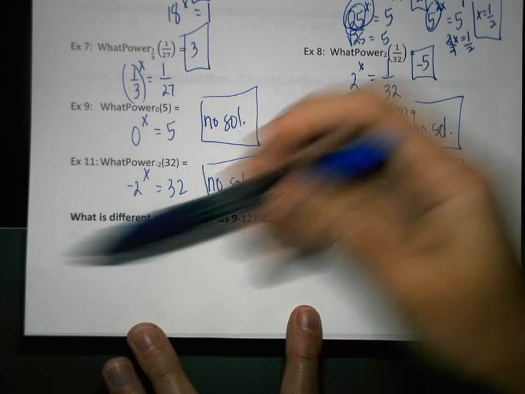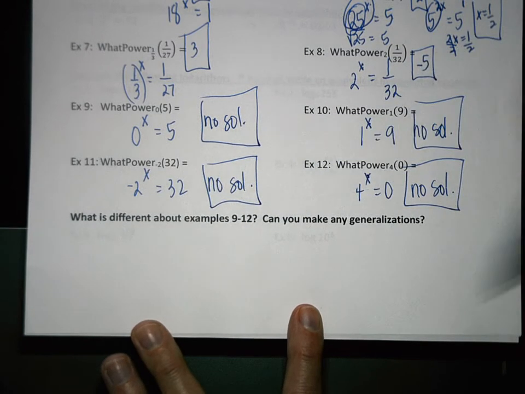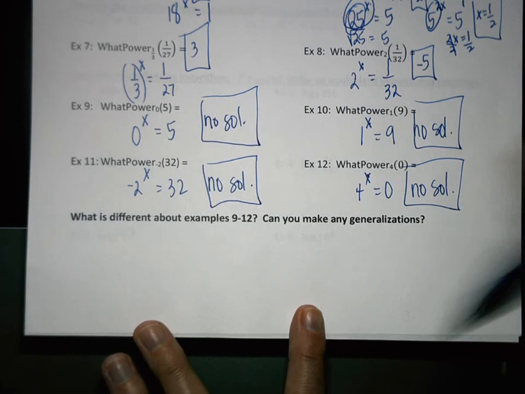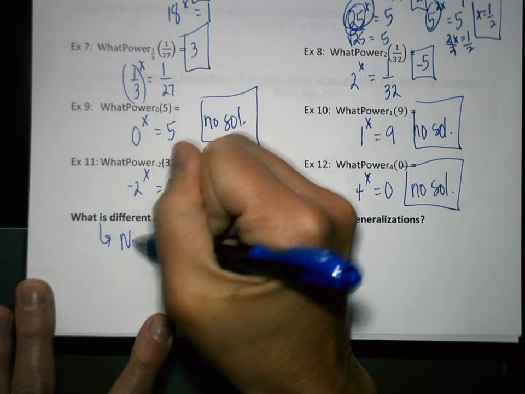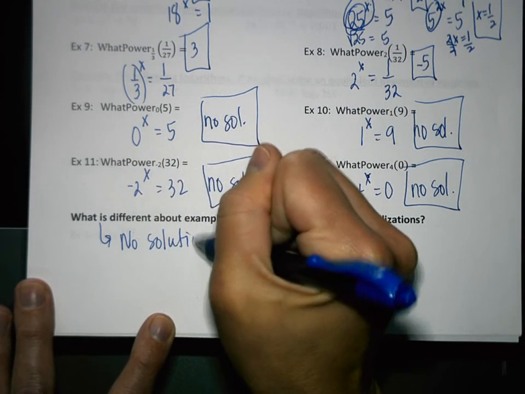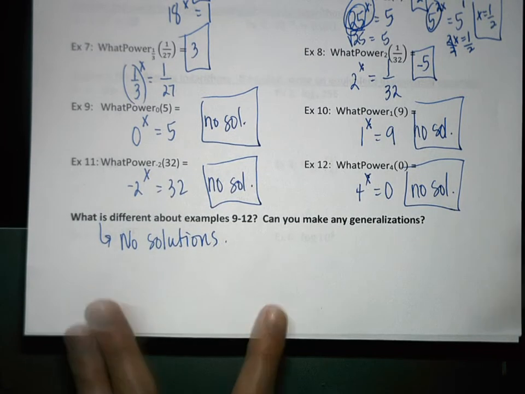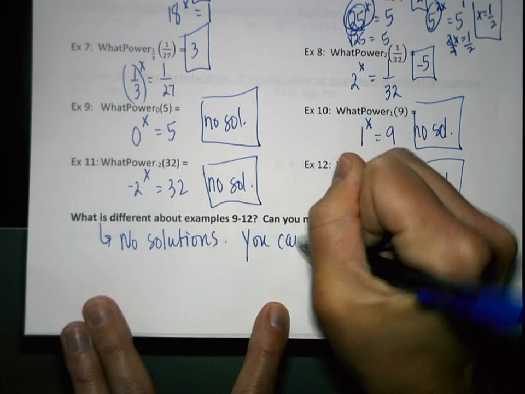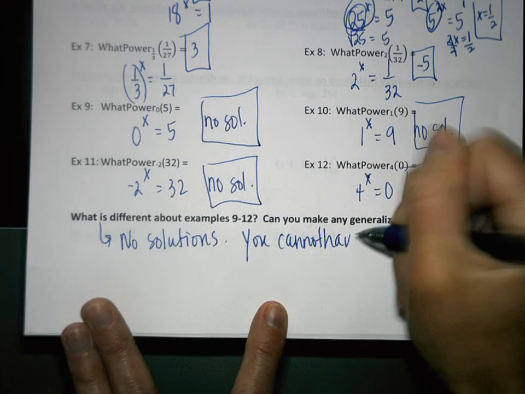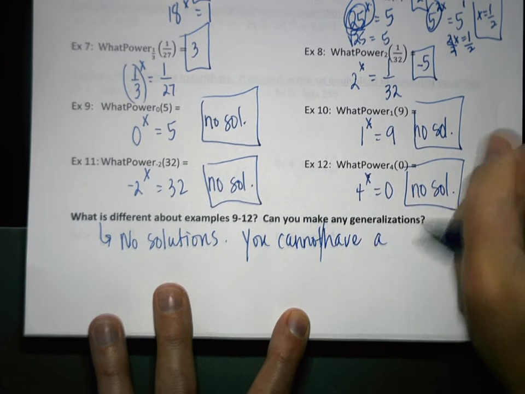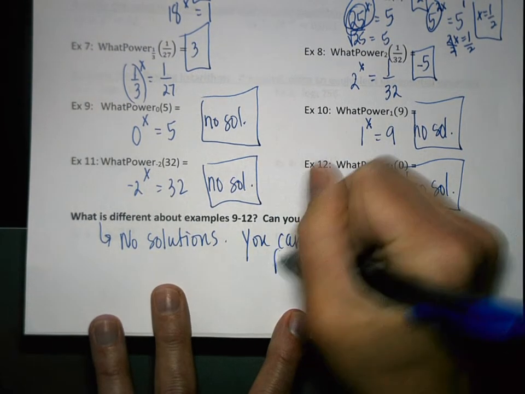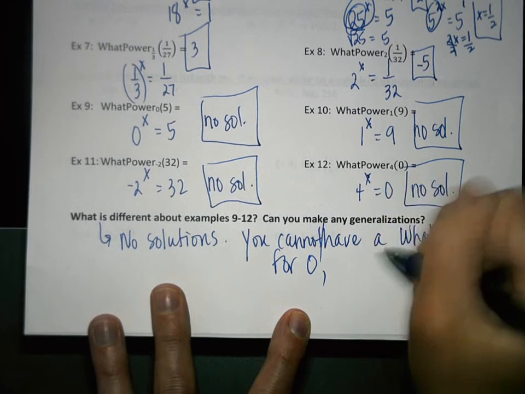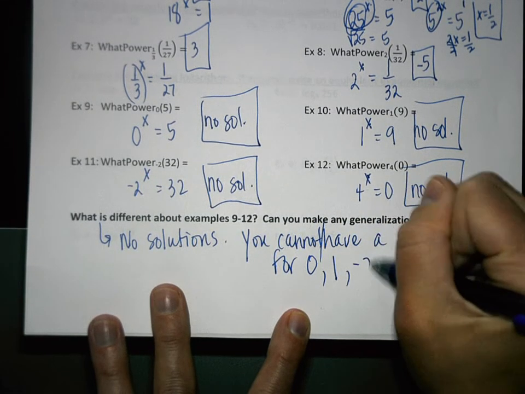So the question is, what is different about examples 9 through 12? Well, first of all, we can see that those are all no solutions where all the other problems did have solutions. Can we make generalizations? Generalizations about those 4: it looks as though you cannot have a what power for bases 0, 1, and negative 2.